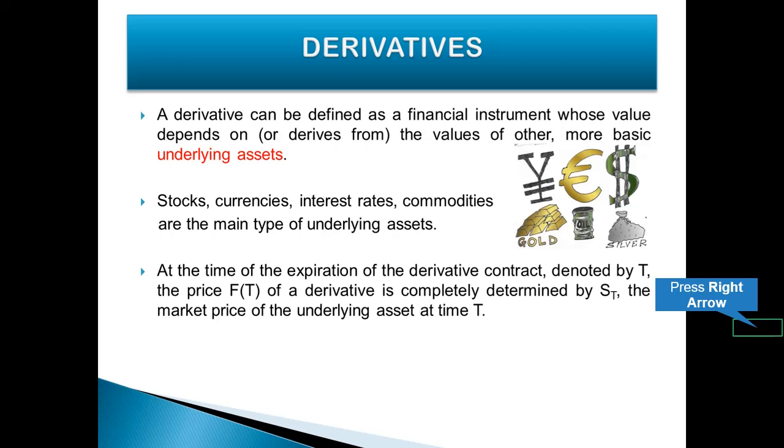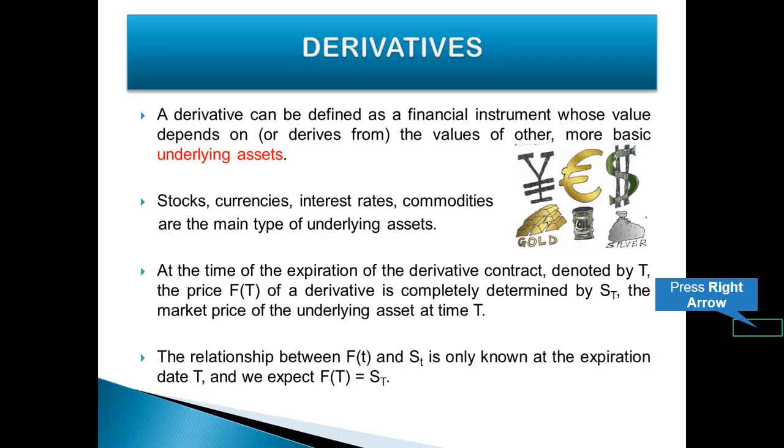It is determined by the value of the underlying asset at time capital T. This is the first assumption, the relationship between F_T and S_T. At capital T, we already know these values. But if t is less than capital T, before the expiry time, what will be the relation between f of small t and s of small t?